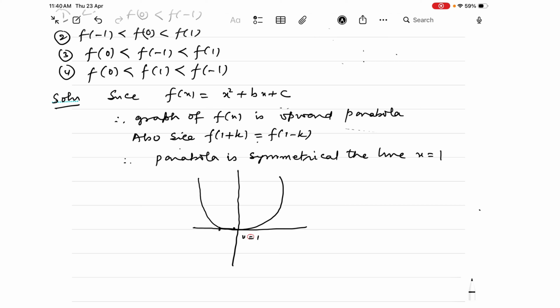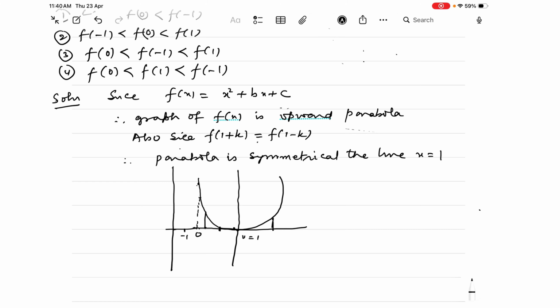This part will be 1 minus k, this part will be 1 plus k. So if this is 1, this is 1 minus k. So therefore this point can be 0, this part can be minus 1.